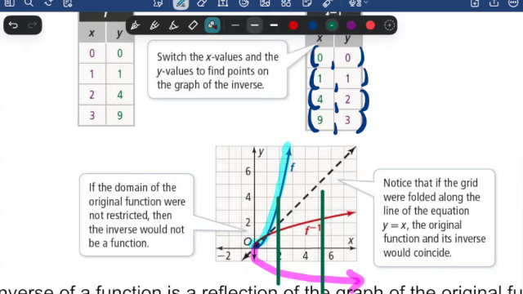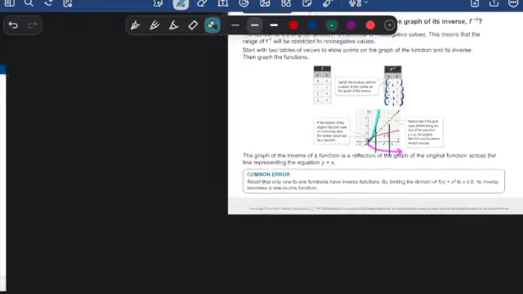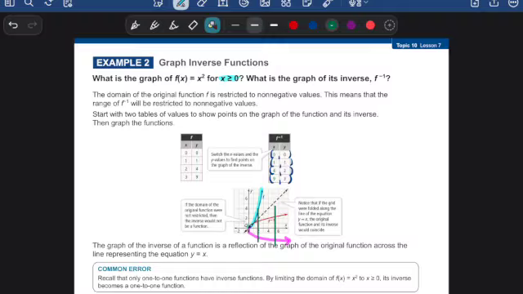So notice we also have a line of symmetry between the inverse and the original function. If we were to fold along that dotted line, that line of symmetry, which is just y equals x, then our original function would match up with the inverse. So it is a reflection along the line y equals x, that line of symmetry.